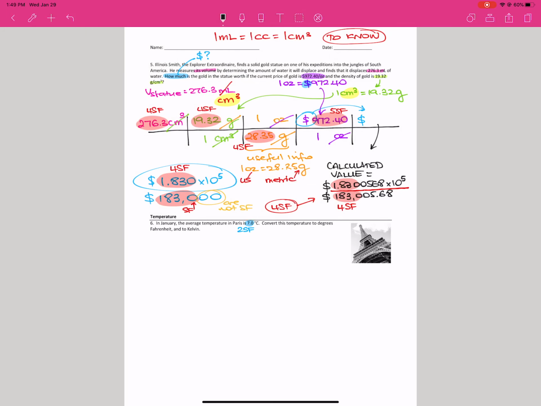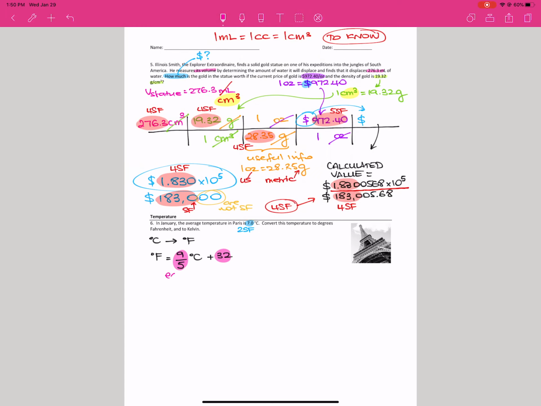So in order to go from degrees Celsius to degrees Fahrenheit, we're going to use the following formula. The degrees Fahrenheit is equal to 9/5 times the degrees Celsius plus 32. What I really want you to remember in that equation is that we have a fraction, so the fraction is exact, and the 32 is exact as well.